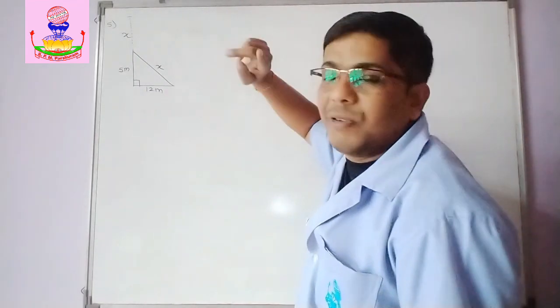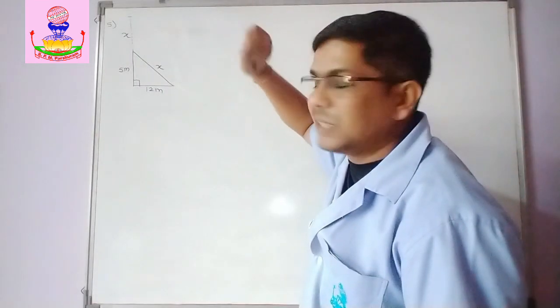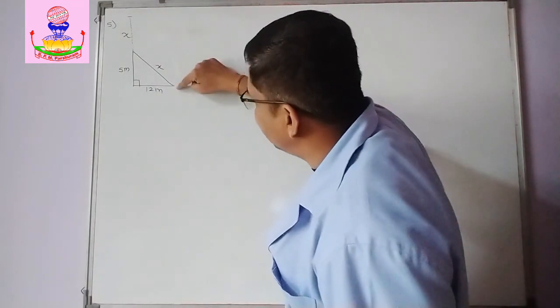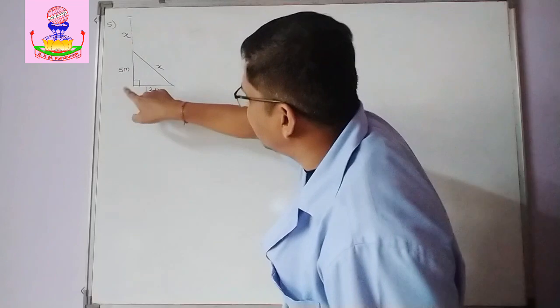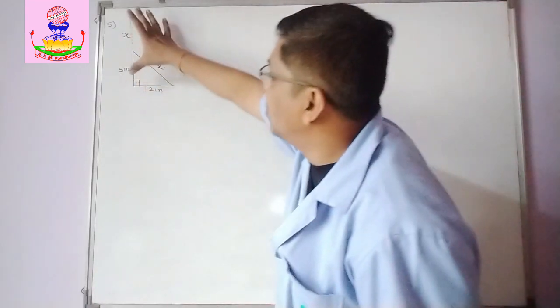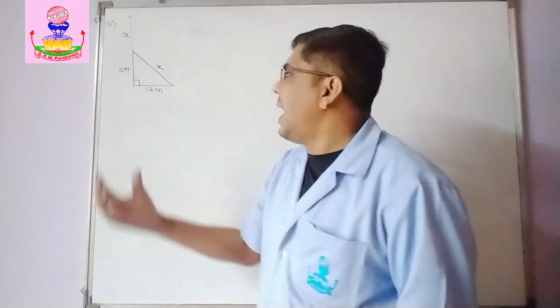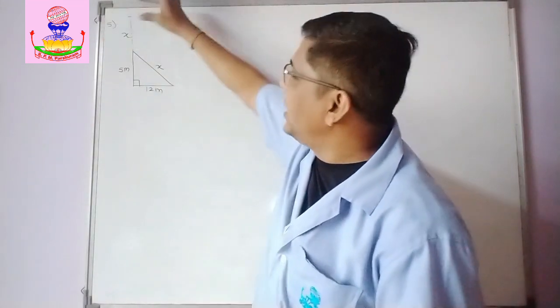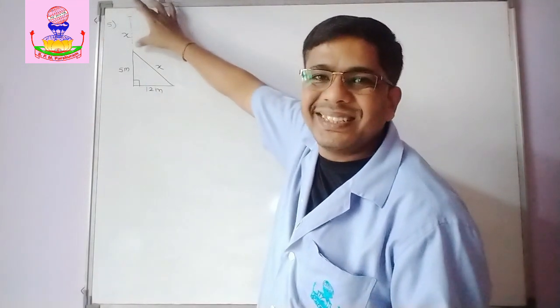Now you want to find the total height of the tree, and this top touches the ground here at a distance of 12 meters from the foot of the tree. I know the unbroken part height, but I don't know the height of the broken part.